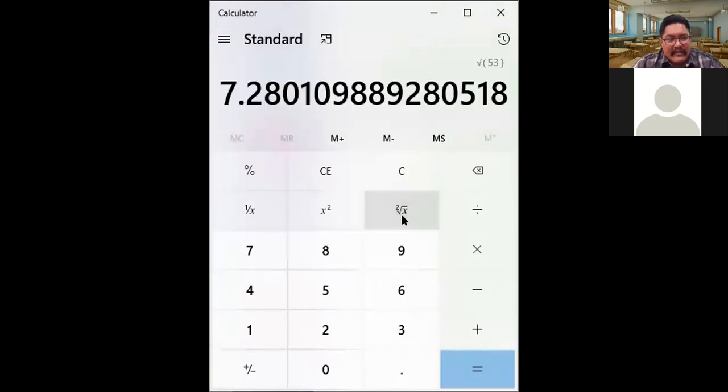So I'm going to use my actual calculator for this one. And just to round it, I'm going to round it off to 1 decimal place. Okay, I'm going to round it off to the tenth. So this is going to be rounded off to 7.3, just because 8 is larger than 5, so we round up. Okay, hopefully I shouldn't have to remind you how to round off.